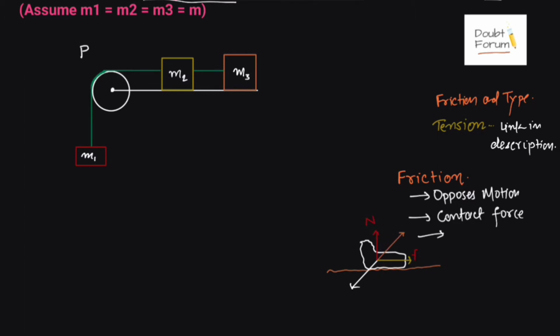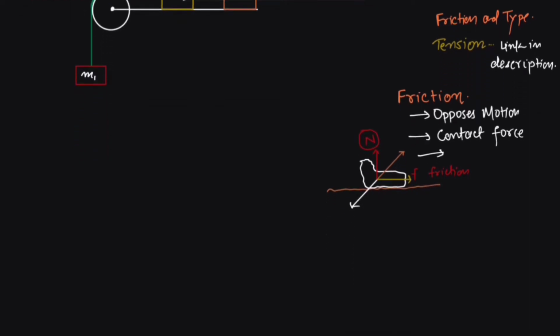The force applied by contact surface along the contact surface in the direction of contact surface is friction, and perpendicular to the contact surface is called normal force or perpendicular force. So this is friction. The basic tendency of force of friction is to oppose the motion.